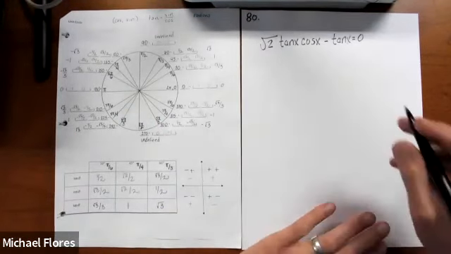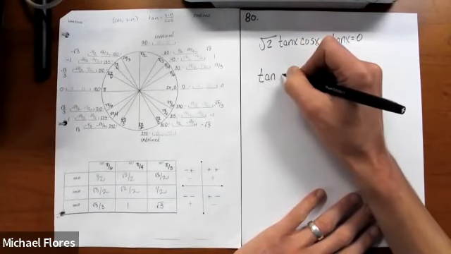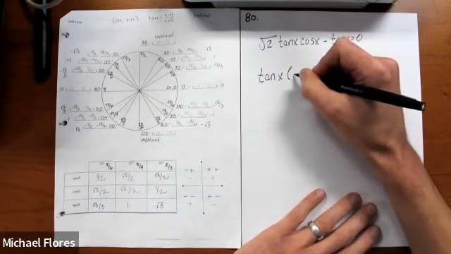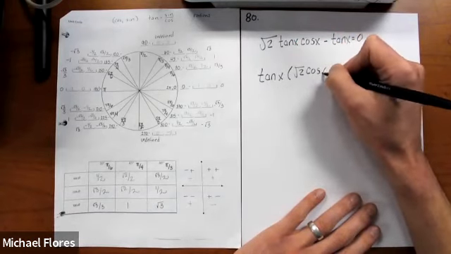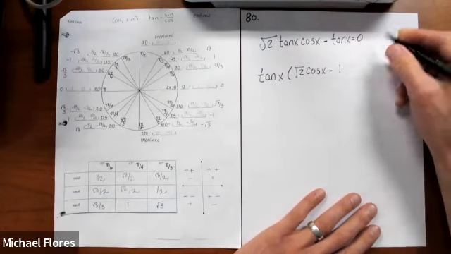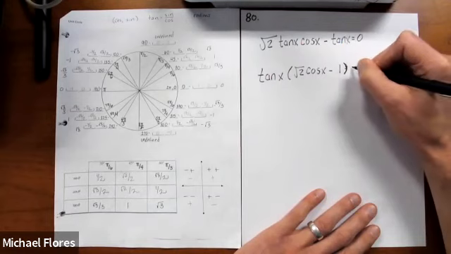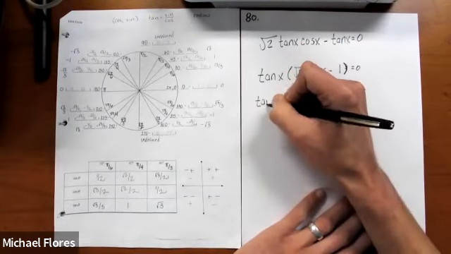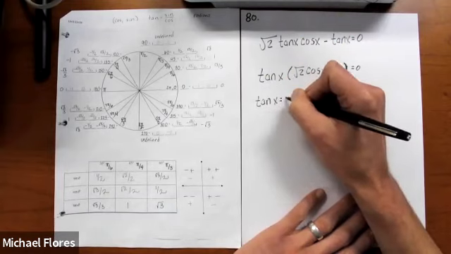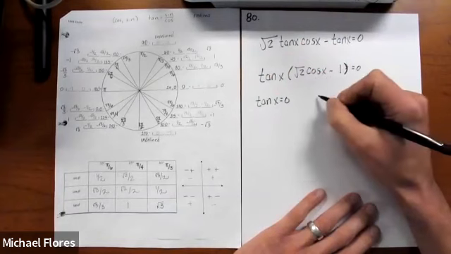To begin, factor out a tangent of x. We have to solve that one a little bit further.